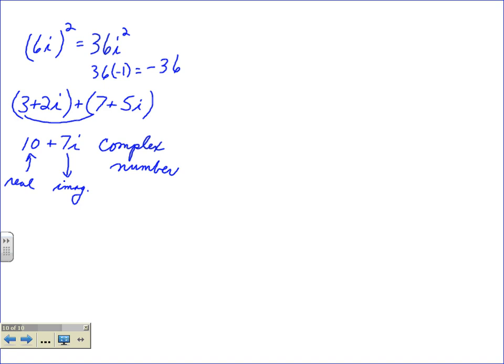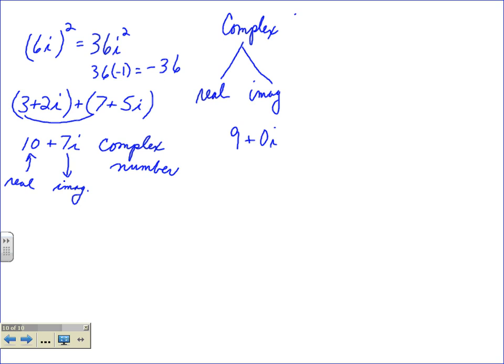Every number can be written as a complex number because every number is complex. We have the real and imaginary. I can write the number 9 as a complex number, 9 plus 0i.